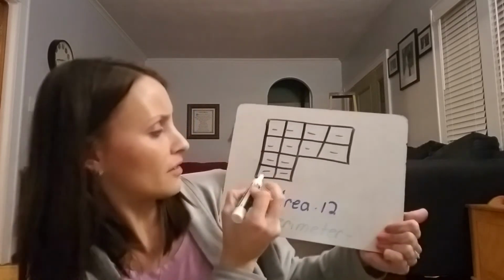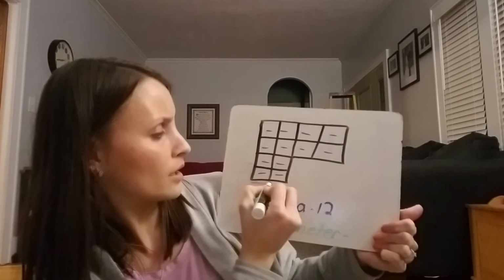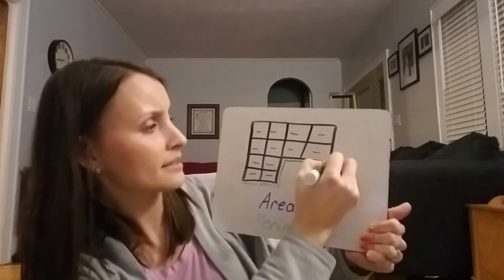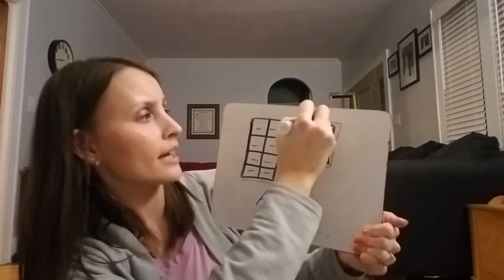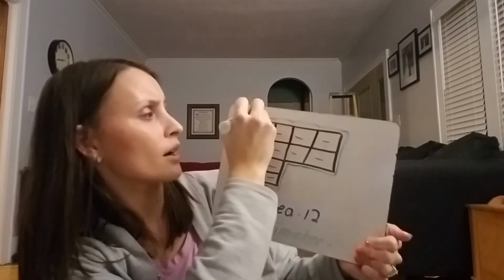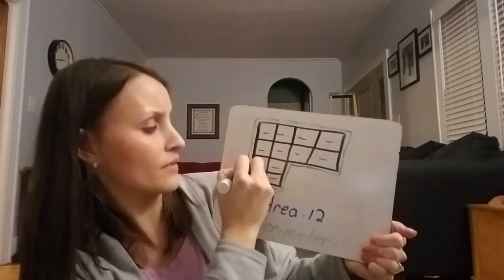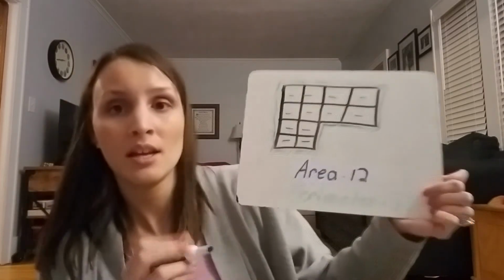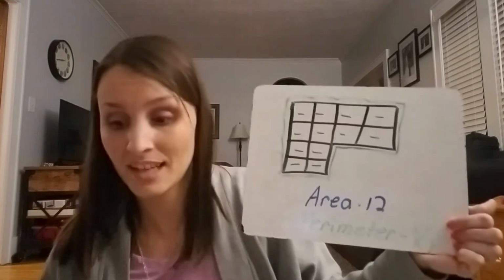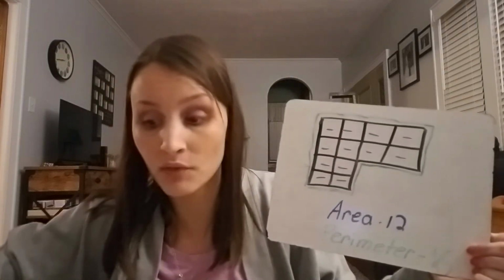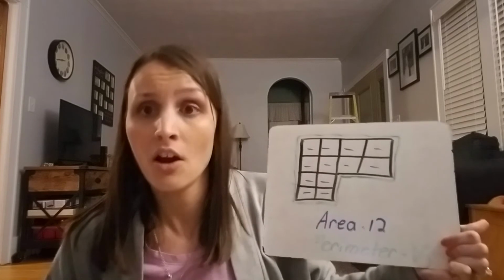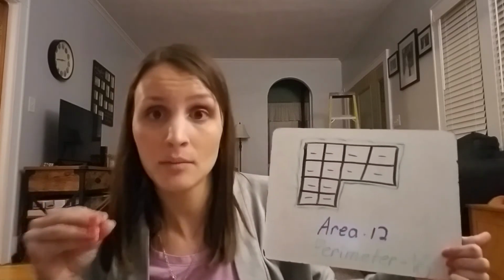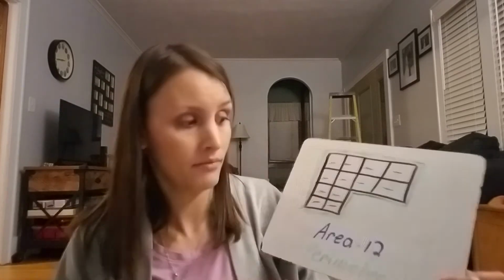So if I was starting down here, I would do 1, 2, 3, 4, 5, 6, 7, 8, 9, 10, 11, 12, 13, 14, 15, 16. So my area was only 12, but my perimeter was 16. See how big of a difference that is? If you get them confused, that's going to make a big difference on the dimensions that you're telling somebody. So area is always inside, perimeter is around the outside, okay?